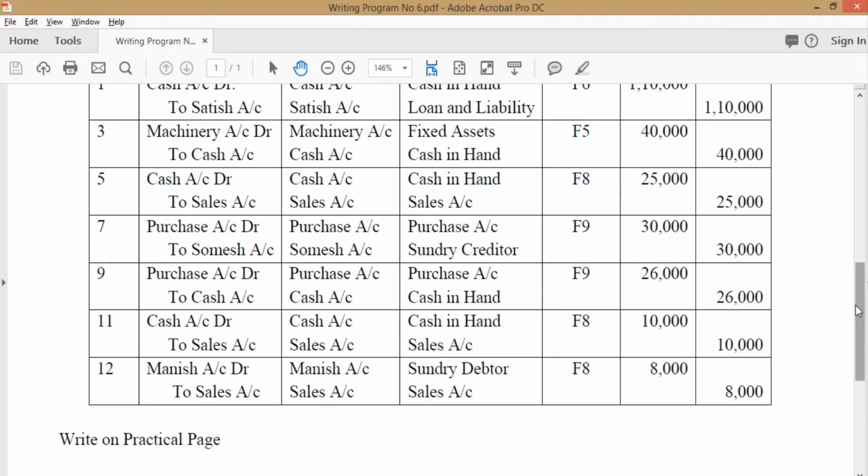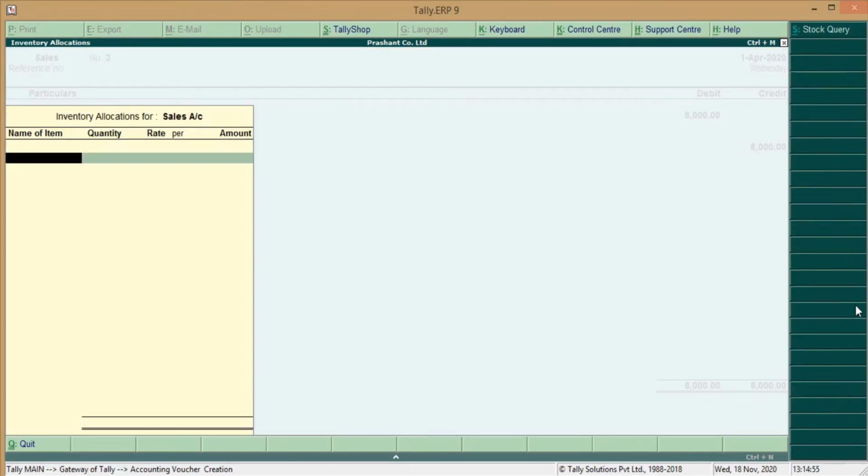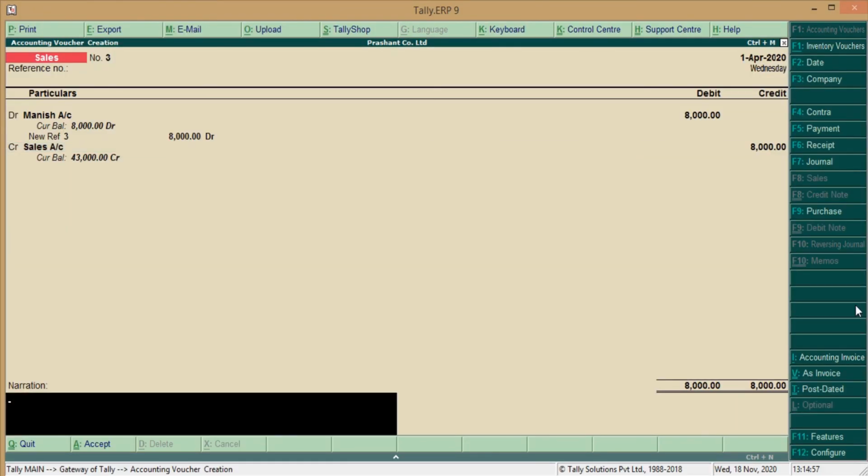And credit the sales account, being goods sold to Manish on credit basis.